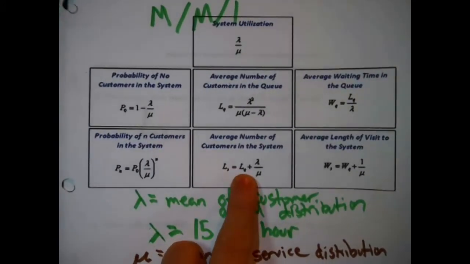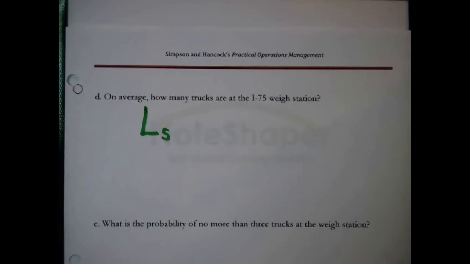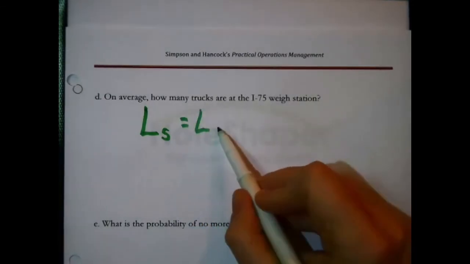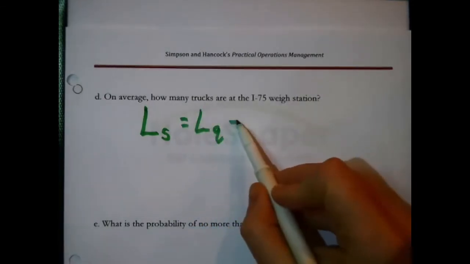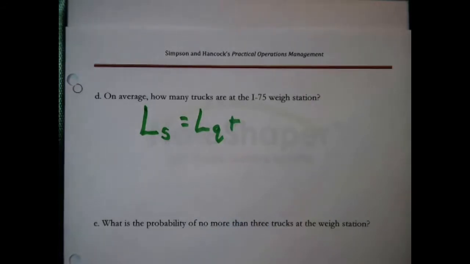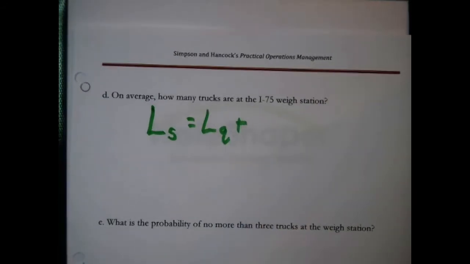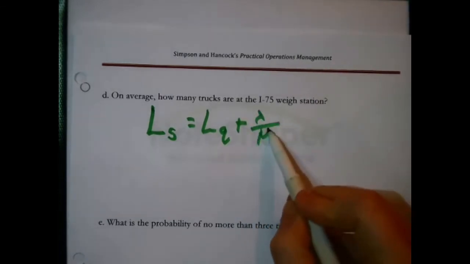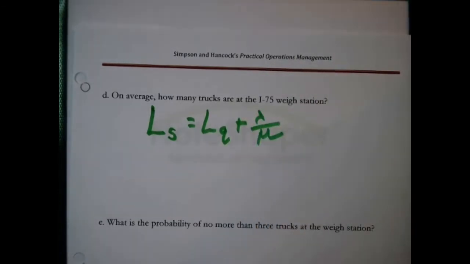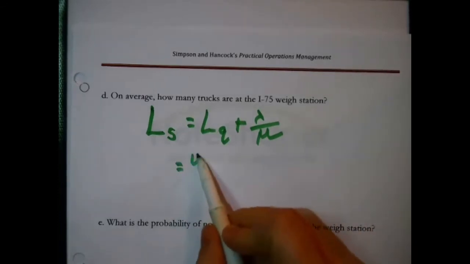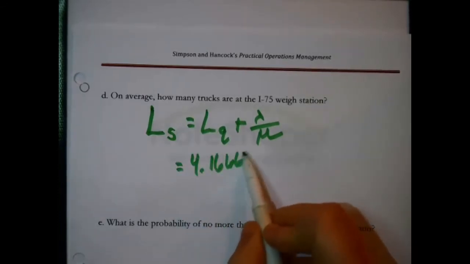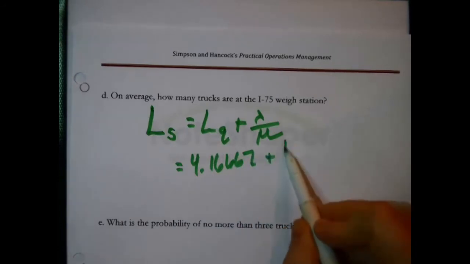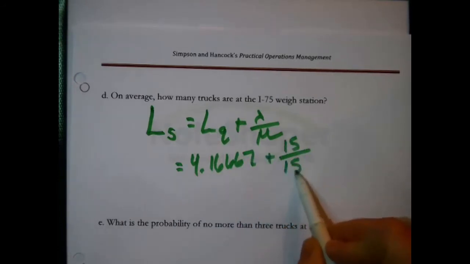Oh, and it's not unrelated to LQ, because what you do is you take the average length of the line and you add lambda over mu. All right, now I did that. 4.16667 plus, we'd seen lambda over mu before, that's 15 over 18.